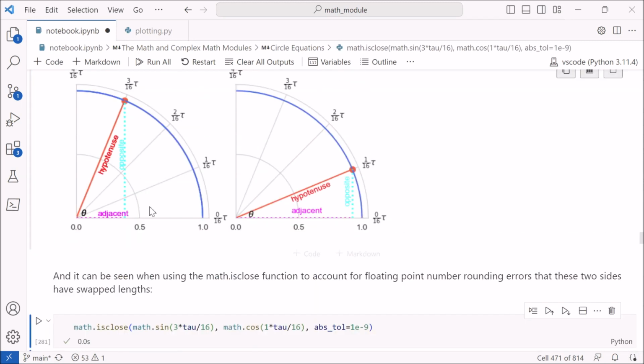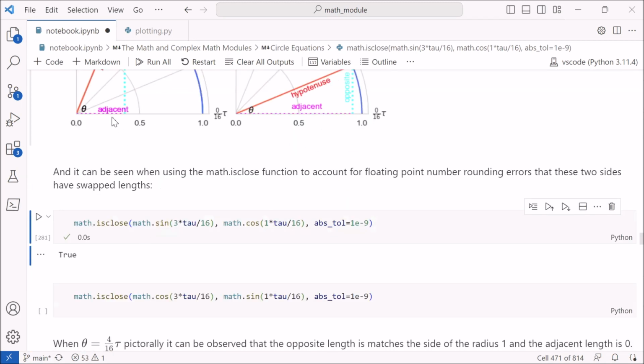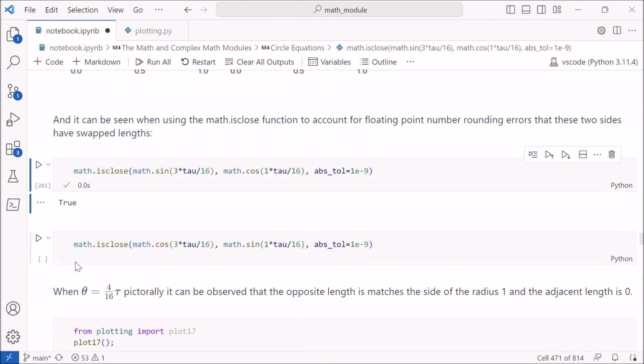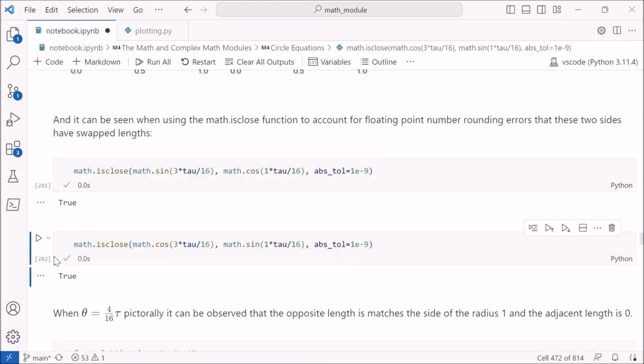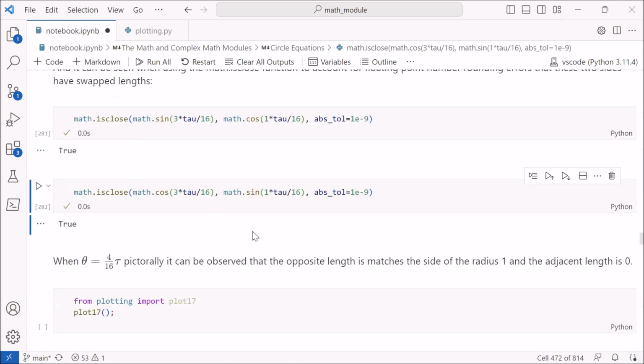And we see this is true, so these two lengths are the same, and we can do the same for the other length. So we can have a look at the cos of 3/16 tau, and we can have a look at the sine of 1/16 tau. Once again, we see these are close to one another, i.e. these lengths are the same length.